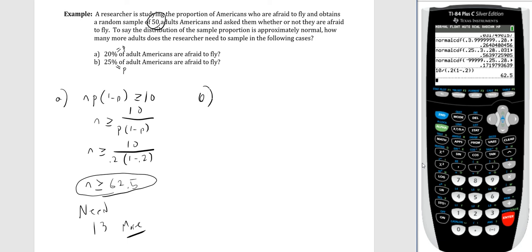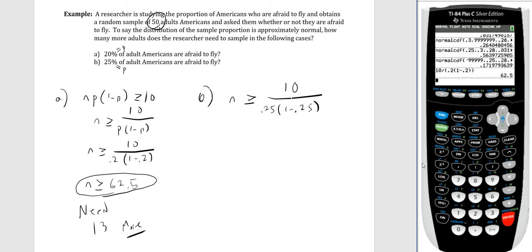B is going to follow the same way. Go ahead and try on your own, and then check to see how you did. We can use the same formula here: n greater than or equal to 10 divided by, in this case, 0.25 instead of 0.2, so 0.25 times (1 minus 0.25). And then solve for what n is going to result from there.